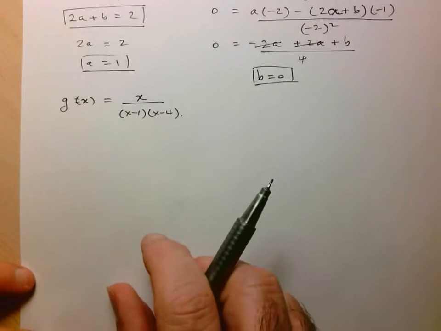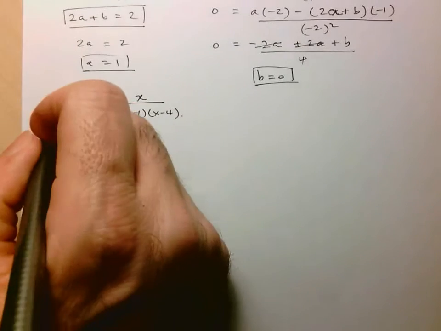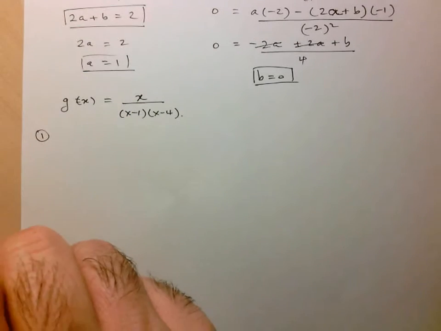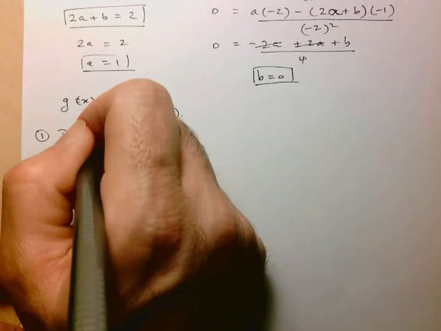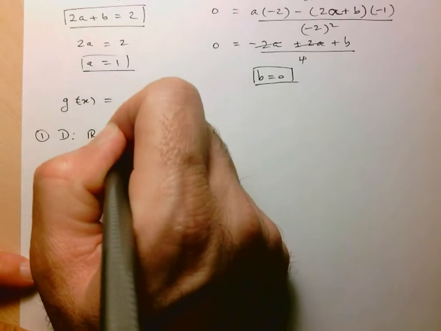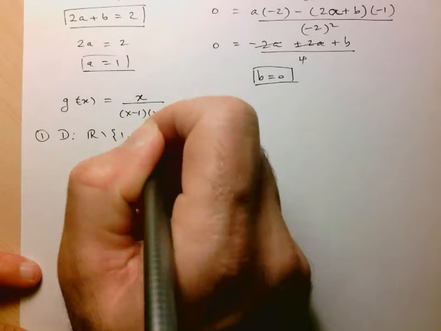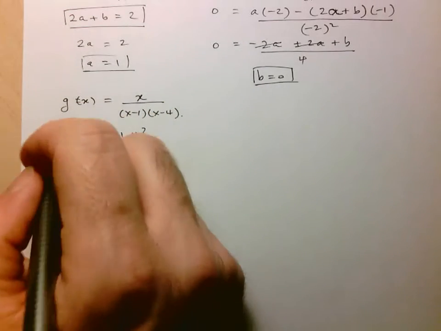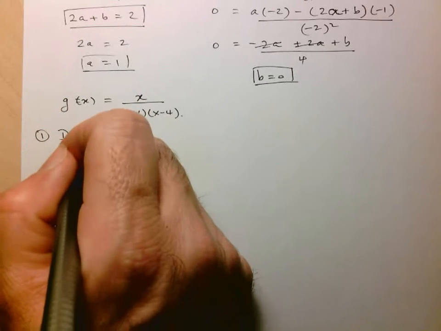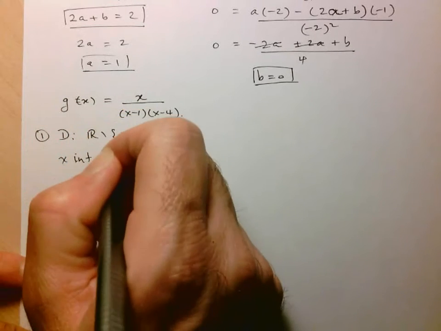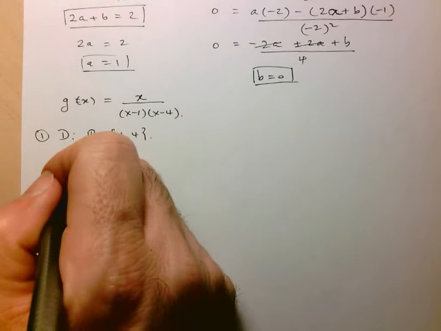Okay, so we'll go through our process, which is to start by first determining what we can get from the function itself. Okay, so the domain of the function is just all real numbers except 1 and 4. Okay, since that makes the denominator 0. Our x-intercept, well, the only thing that'll make this equal to 0 is when x is 0.